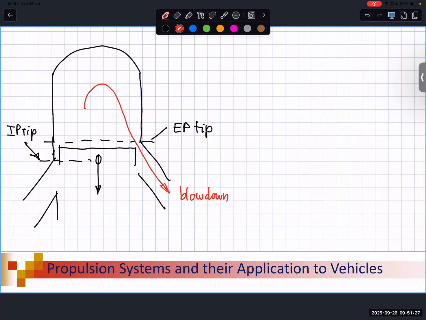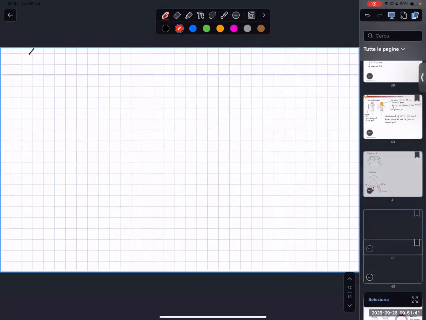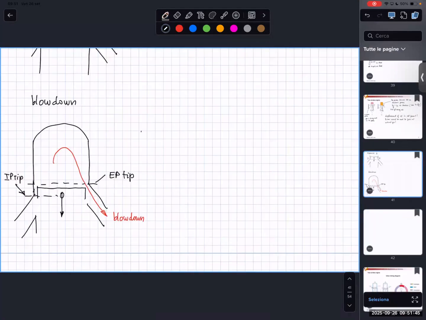But consider what is occurring after blowdown. You have scavenging, and after the piston is going up. When the piston is going up, which port? It's better here to have, or we say, the exhaust port must be taller than the intake port.